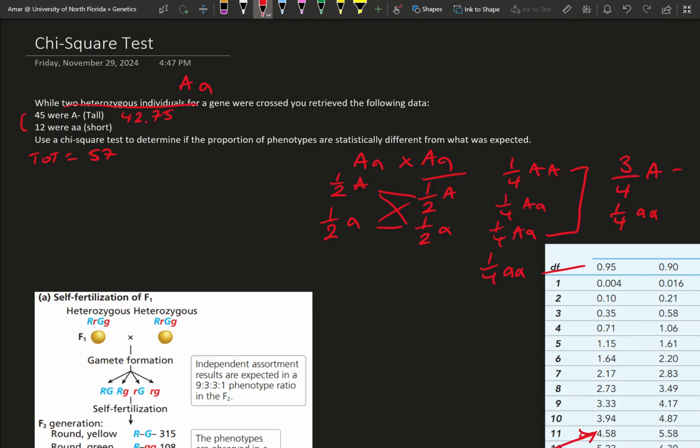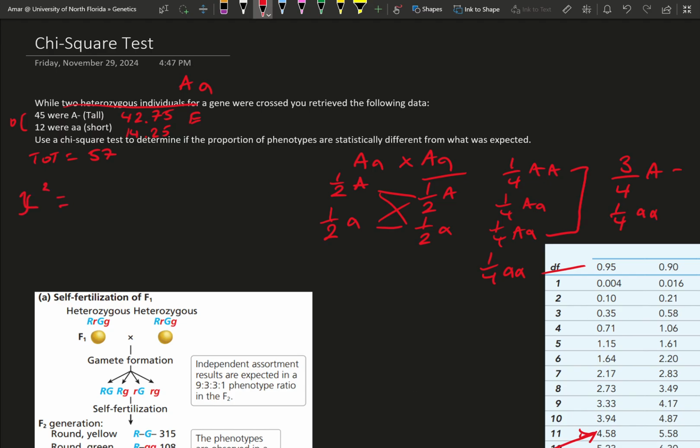We're going to use the whole decimal. And then for the other one, 57 multiplied by 0.25 is 14.25. So now we have the expected, and we have the observed. These are expected values and these are observed values. Now we can use the chi-square equation.